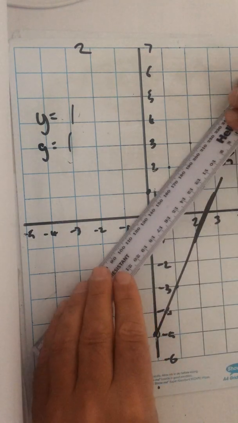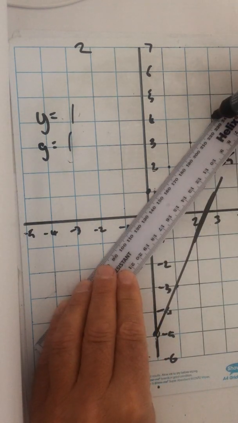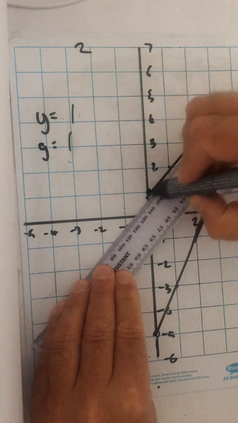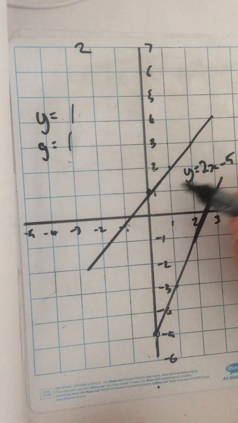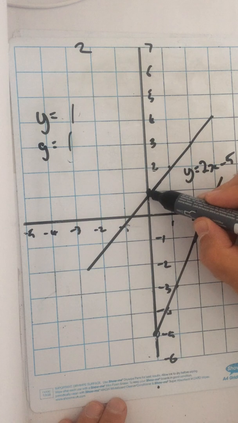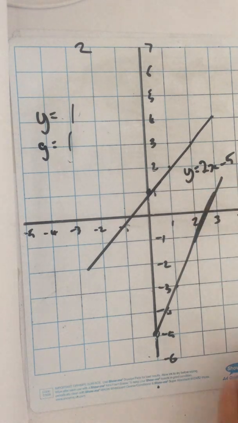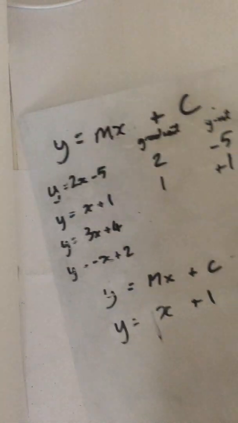So again, we can draw in our line. We're drawing our line because now we have the gradient. It's not very neatly drawn, but it's 1 across, 1 up, and it's going through the y-axis at point 1 there, and so on.